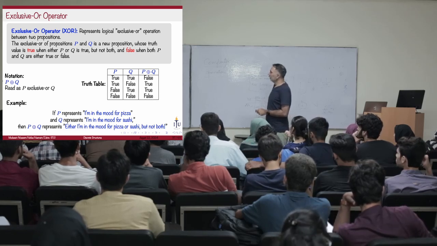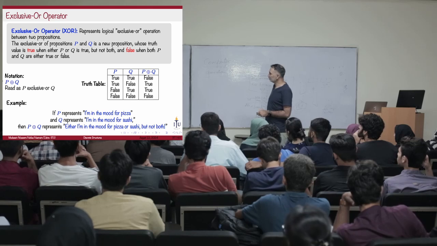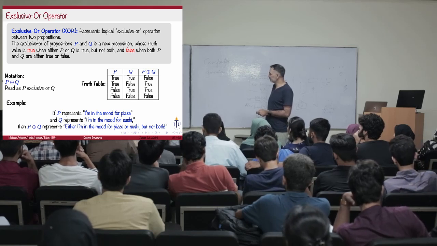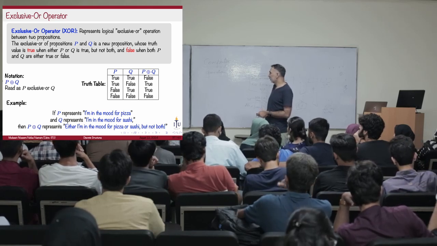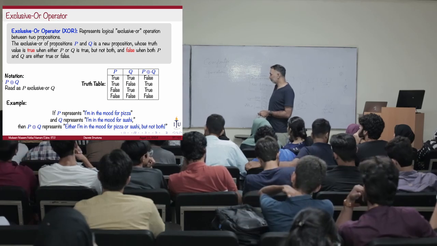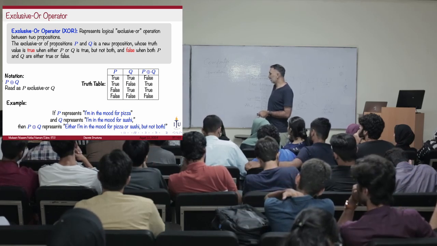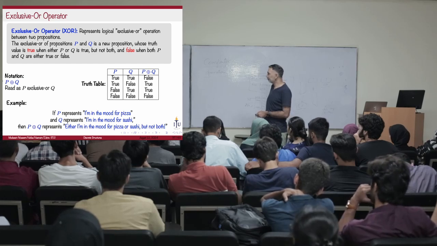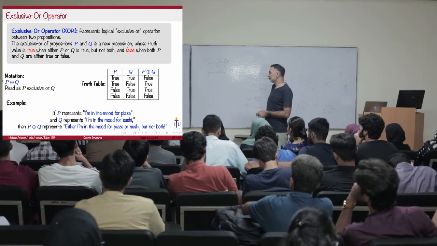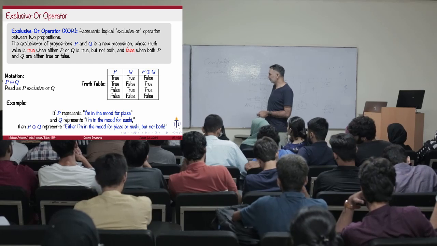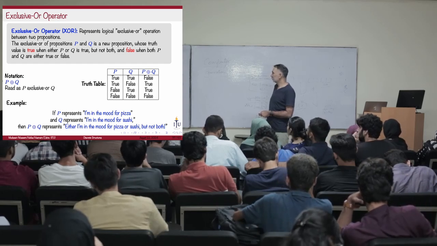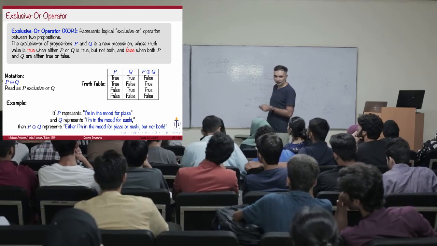We read it simply as P exclusive OR Q, and here's an example. If P represents I am in the mood for pizza and Q represents that I am in the mood for sushi, then P exclusive OR Q represents this: either I am in the mood for pizza or sushi, but not both.